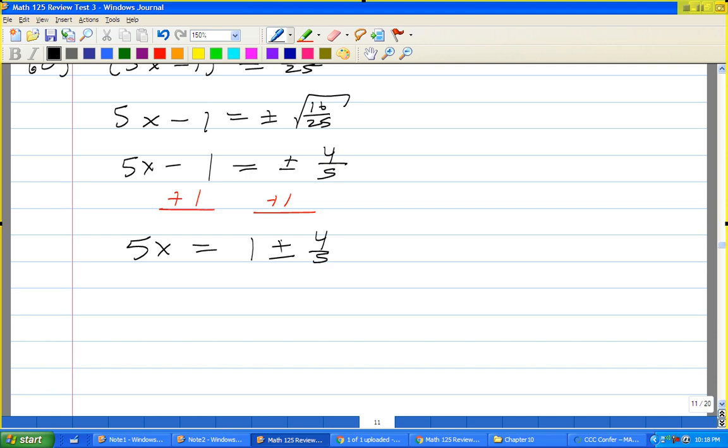Let's divide both sides of the equation by 5. And so x is equal to 1 plus or minus 4 over 25.